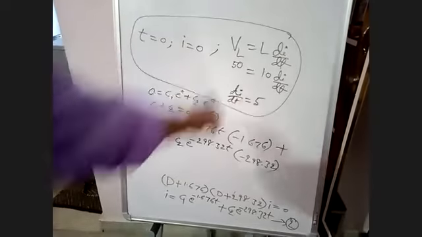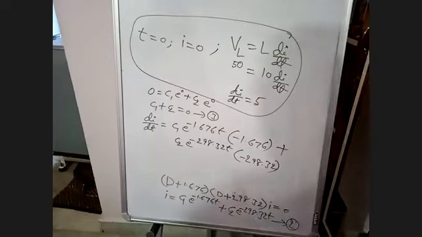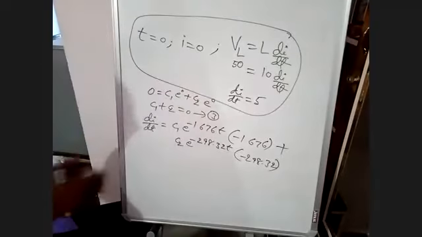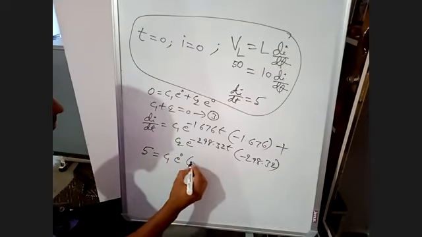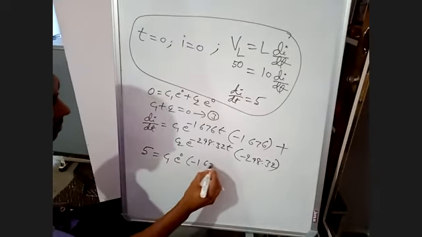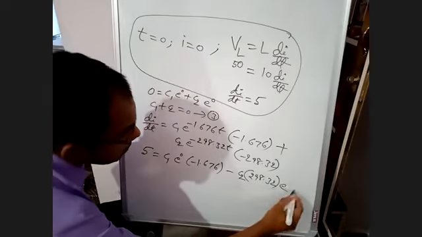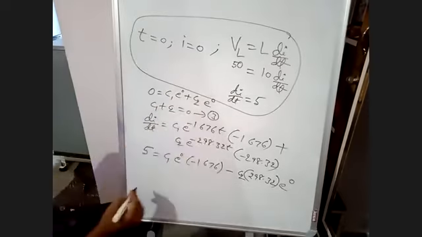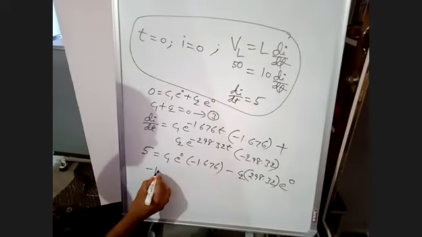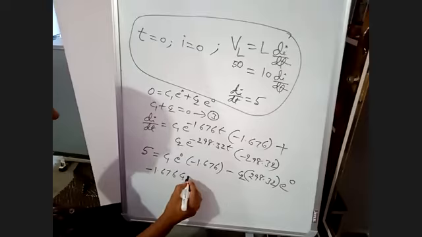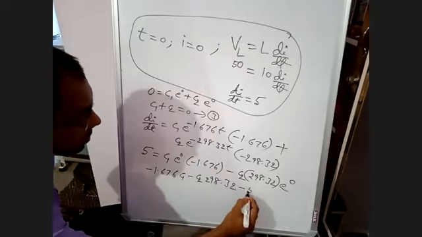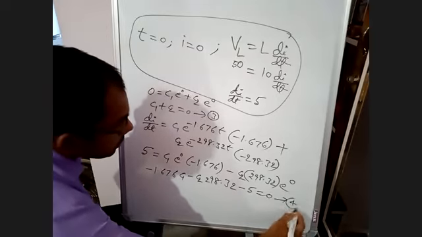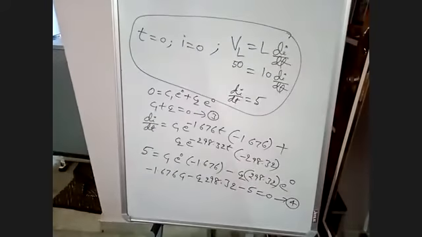Substitute t equal to 0 and di by dt equal to 5. c1 into e power 0... With t equal to 0 and di by dt equal to 5 substituted, we will get this, which is equation 4.